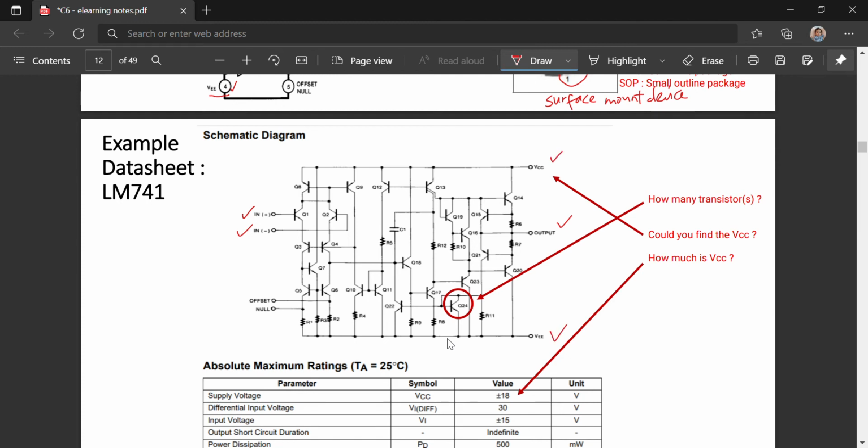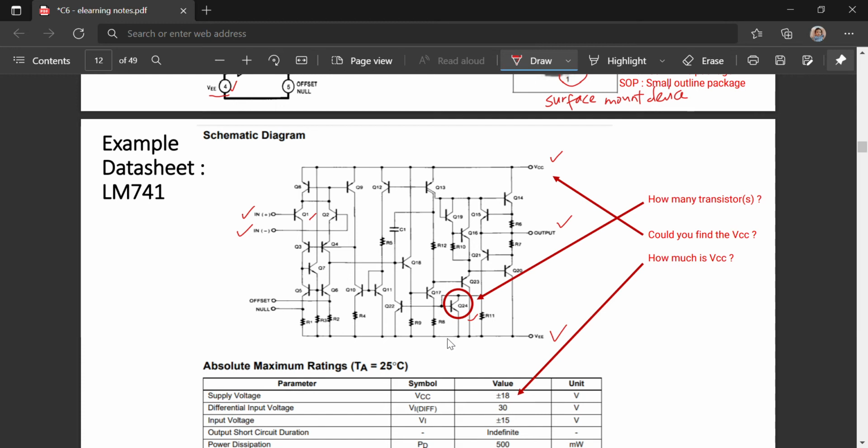However, actually, inside the LM741, there are BJTs, more than one transistor. Here we have Q1 up to Q24. It means for this LM741, in reality you have about 24 transistors.